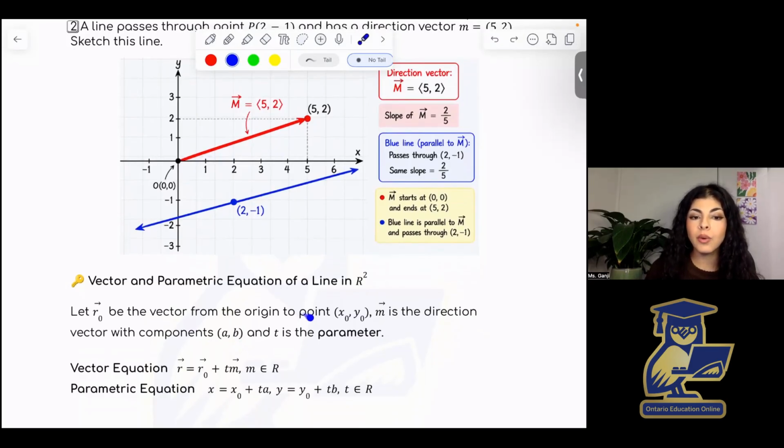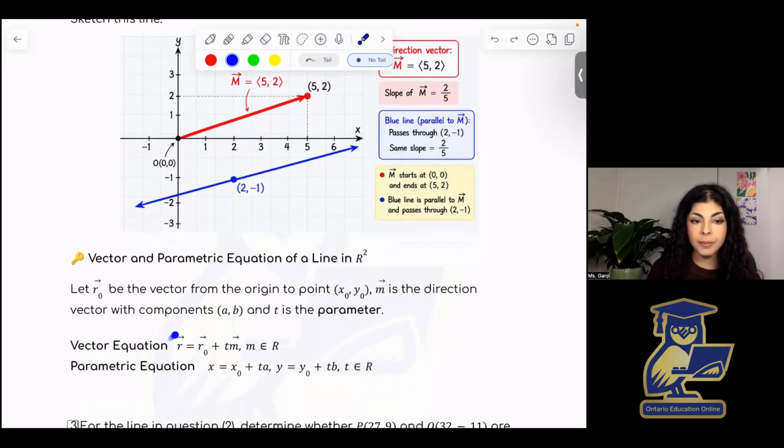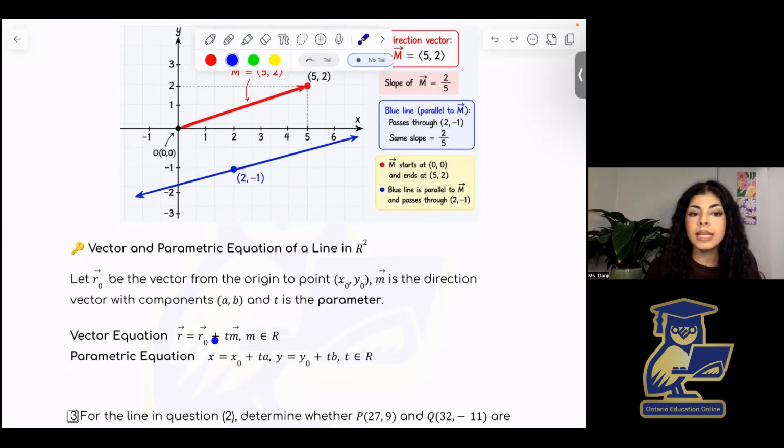And t is now going to be an unknown parameter for us, and t will be in the set of real numbers. Then the vector equation is r equals r0, which you can think of as a starting point for us on the line, plus t times m. So that direction vector, and now any scalar multiple of that direction vector.